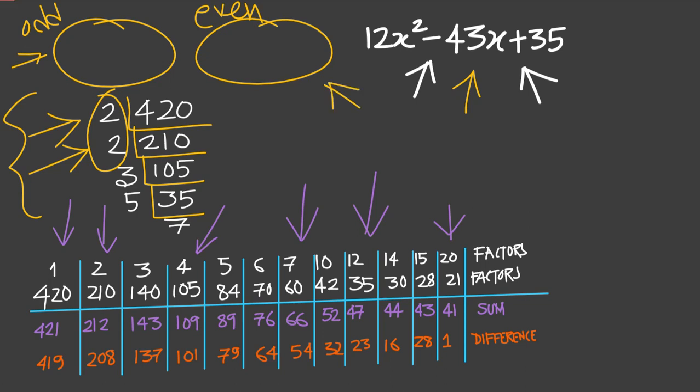So 2 and 2 will not be present in the odd block, because if any one 2 is present, that number will become even. So in the even block you will have 2 and 2. That is certain. By all the rules that we followed, we could directly write that 2 and 2 will be together. So now we have to sort out only 3.